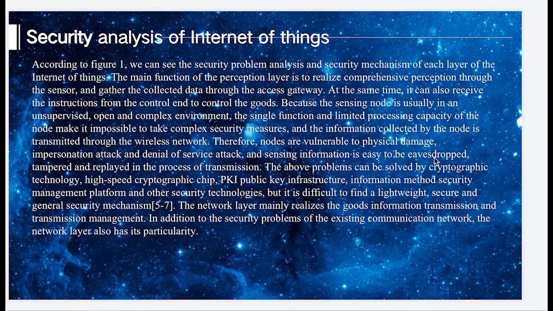The main function of the perception layer is to realize comprehensive perception through the sensor and gather the collected data through the access gateway. At the same time, it can also receive the instructions from the control end to control the objects.